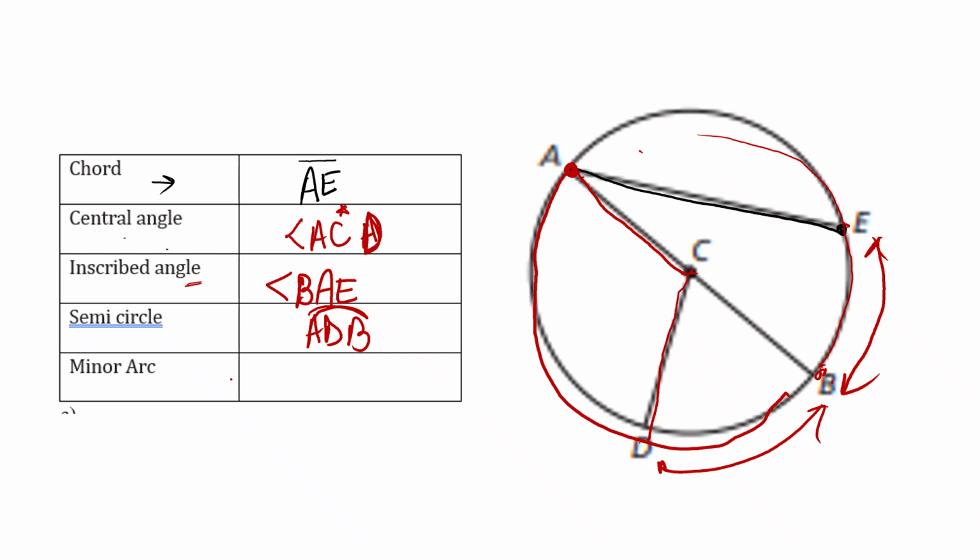Even A and D is also a minor arc. You can choose any 2 points on the circle to show the minor arc. So I can say BE is the minor arc, or AD is also a minor arc. I can also say DB is a minor arc. It means a small piece of a pizza.